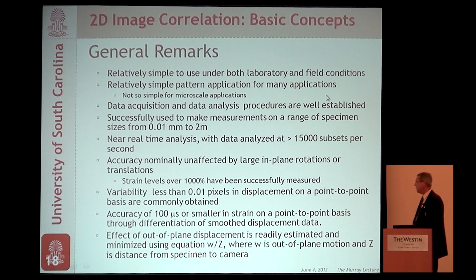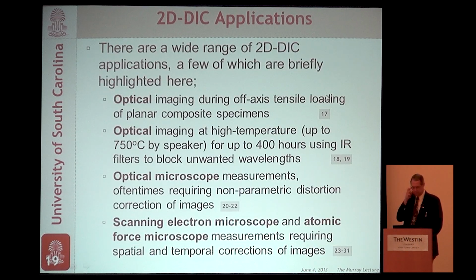Out of plane displacement can be handled. You'd prefer not to do it using standard equations. So it's recommended that you not use that if you have large changes in out of plane displacement because you'll get defocus or pseudo strains unless you correct for it. And that's one of the limitations for 2D. It really needs to be an in-plane deformation if you're going to use it. But there are a wide range of cases that are using this, even today.